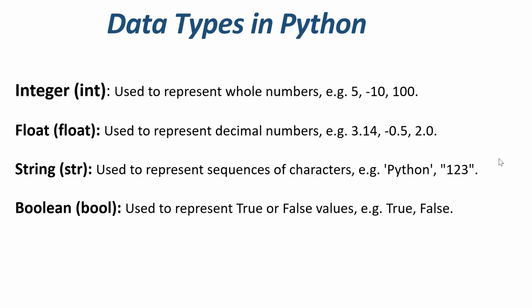We start with integer, which in short is written as int. The best thing about Python is we don't even have to specify the data type. When I talk about integer, it's a whole number, right? It's 5, minus 10, can be negative or positive, but it has to be a whole number.